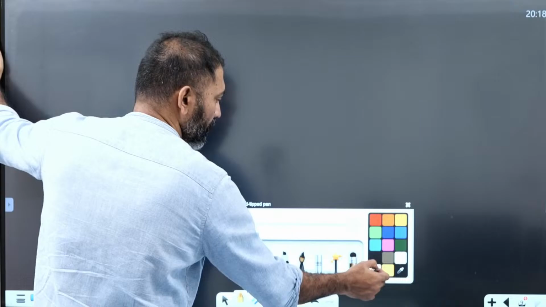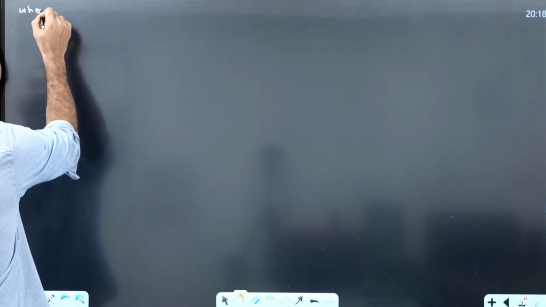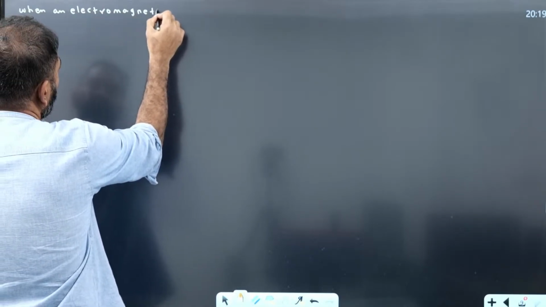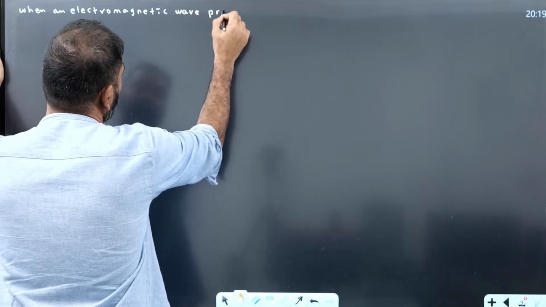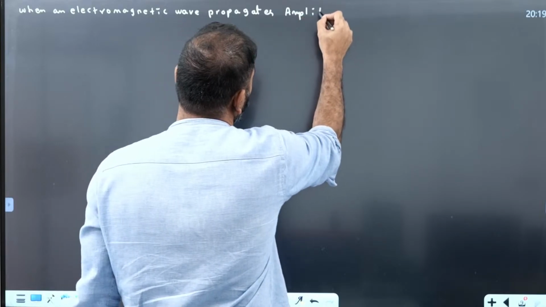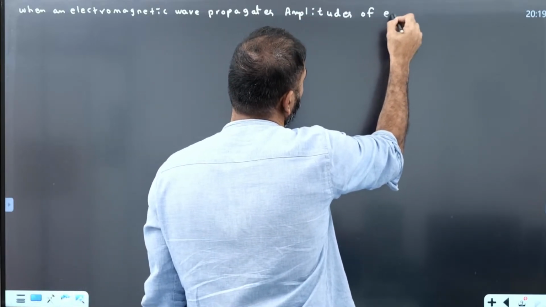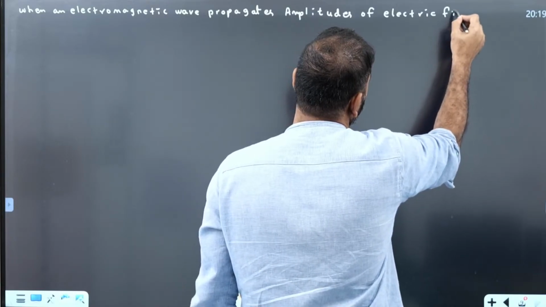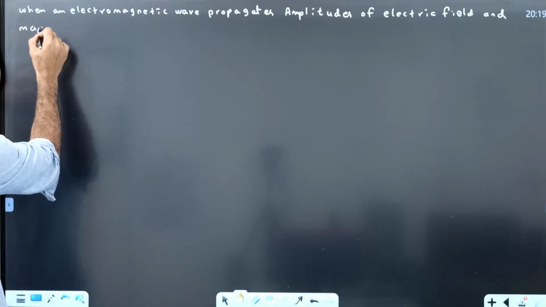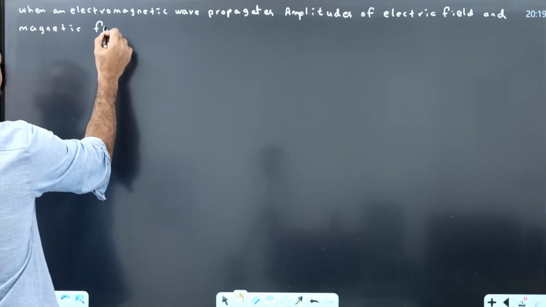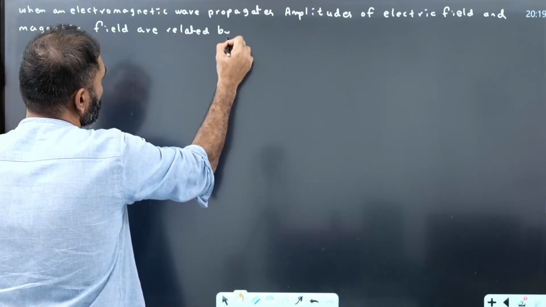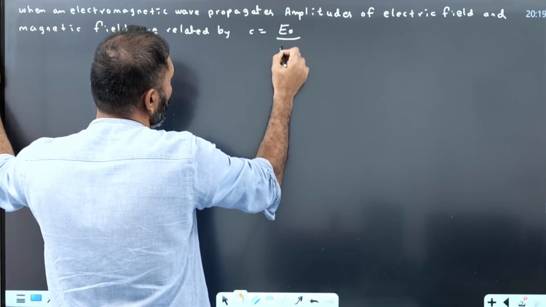Next, when an electromagnetic wave propagates, amplitudes of electric field and magnetic field are related by C is equal to E0 by B0.